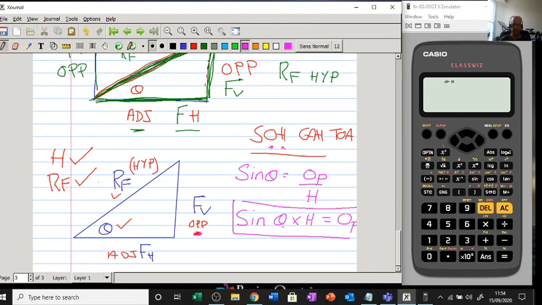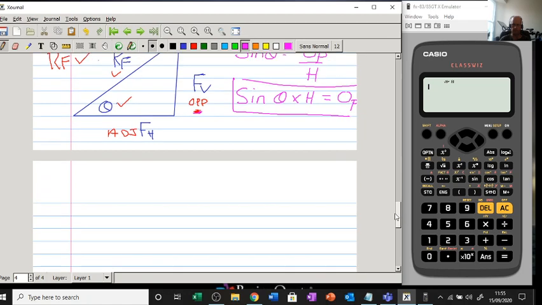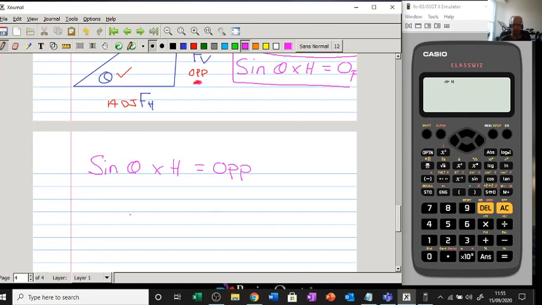So I know the angle and I know the hypotenuse. The hypotenuse is my resultant force. I'll call that F, RF. Could call it F. So sine of my angle multiplied by the hypotenuse equals the opposite, which I can write like this.